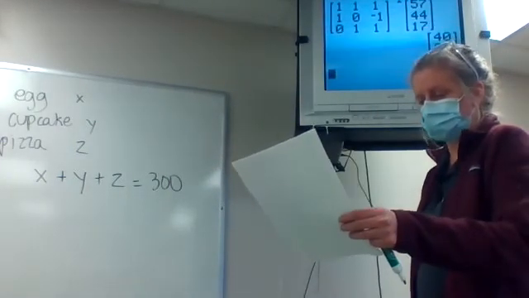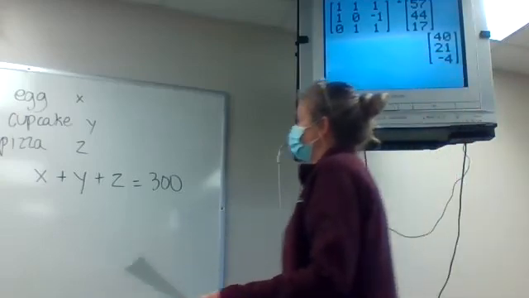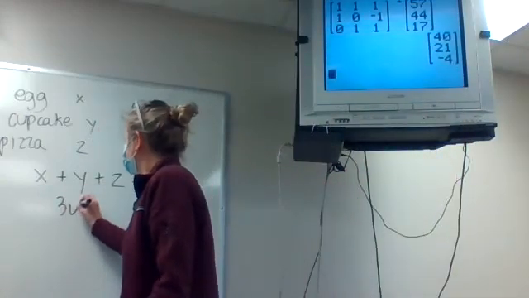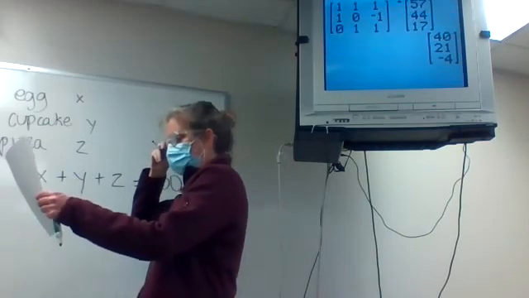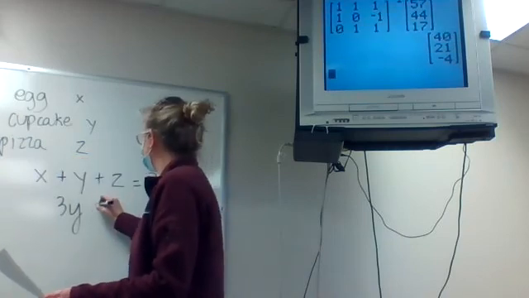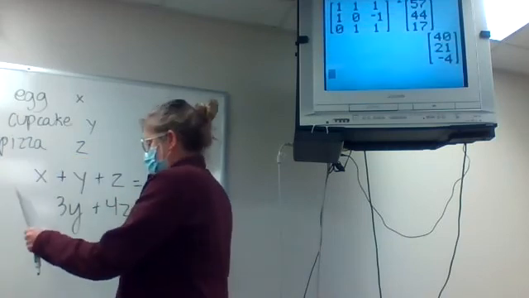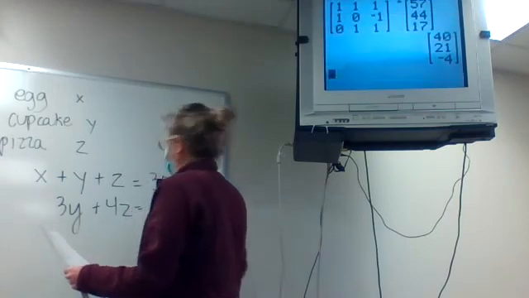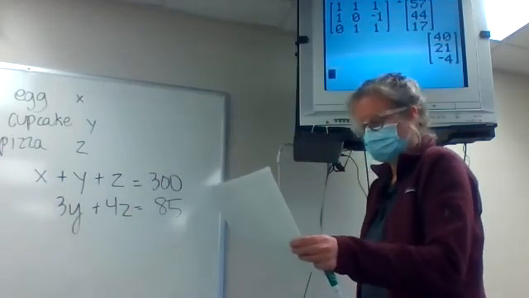The second statement said, if the child eats 3 cupcakes, which would be 3Y, 4 slices of pizza, so plus 4Z, he or she takes in 385 milligrams of cholesterol.